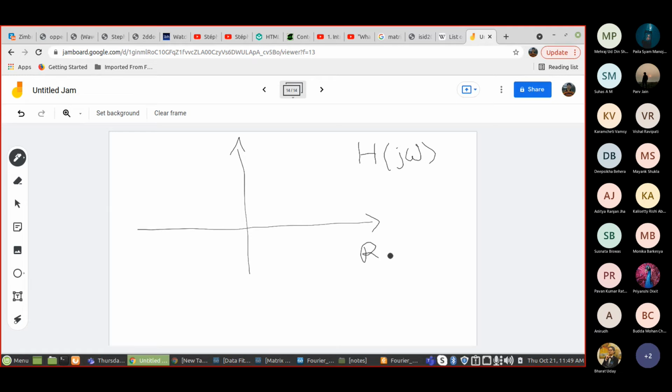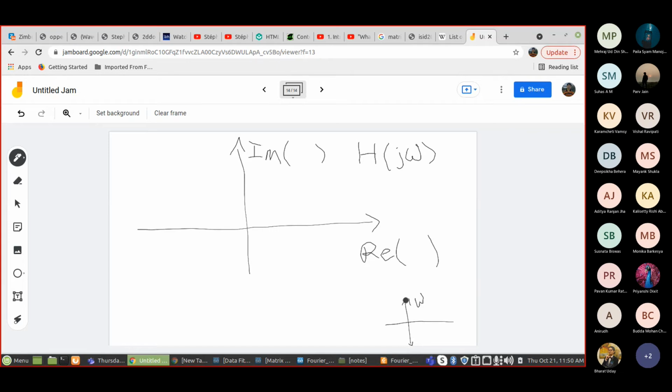On the horizontal axis you have the real part of H(j omega), and on the vertical axis you have the imaginary part of H(j omega).